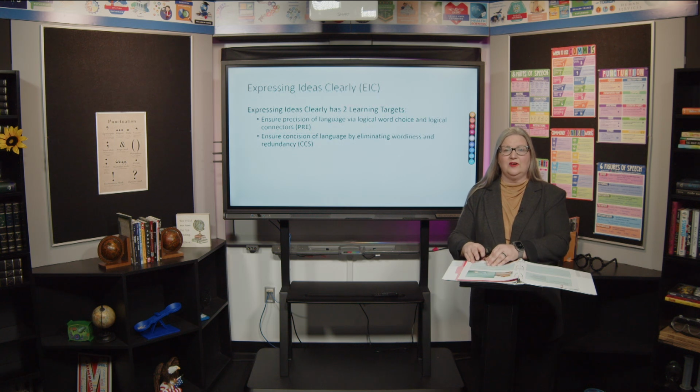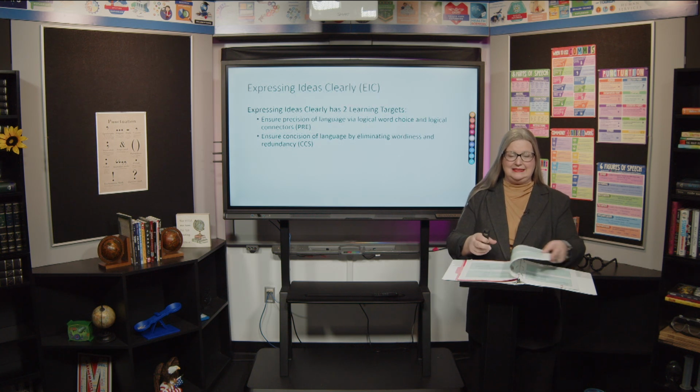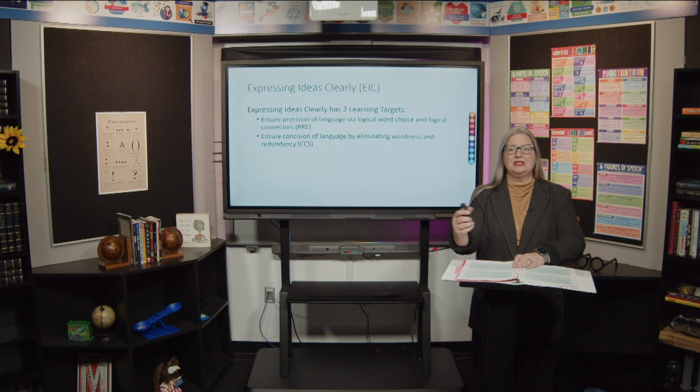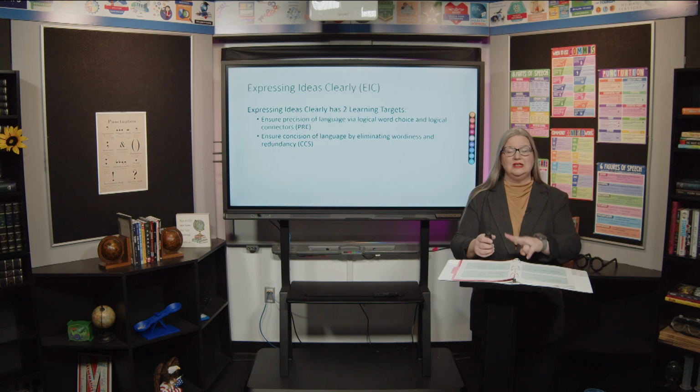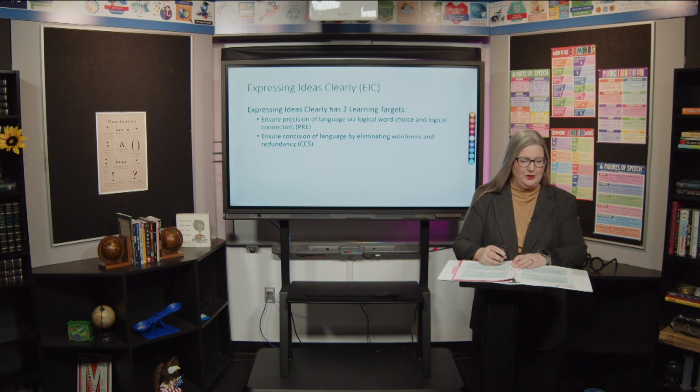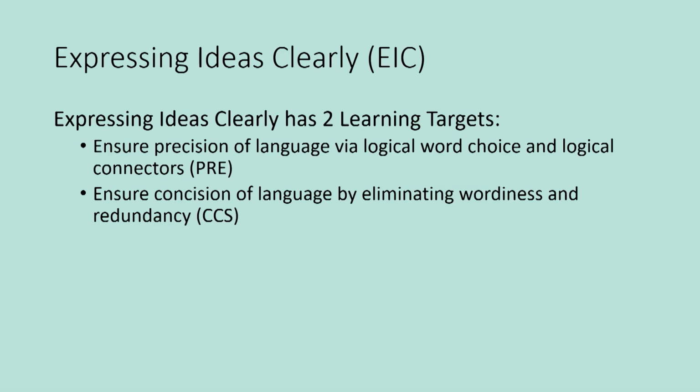So let's look first at expressing ideas clearly. That particular item has two different learning targets. You have ensure precision of language via logical word choice and logical connectors. And then you also have ensure concision of language by eliminating wordiness and redundancy.